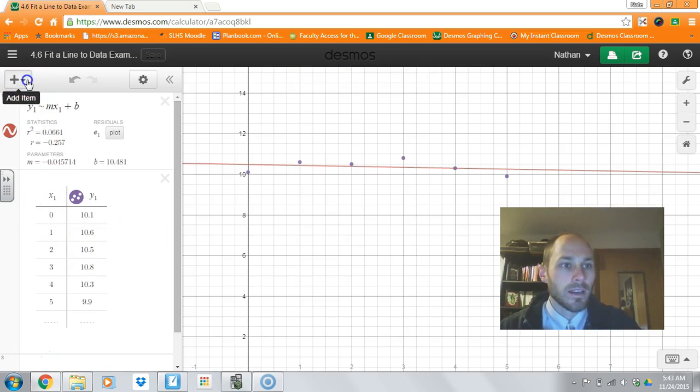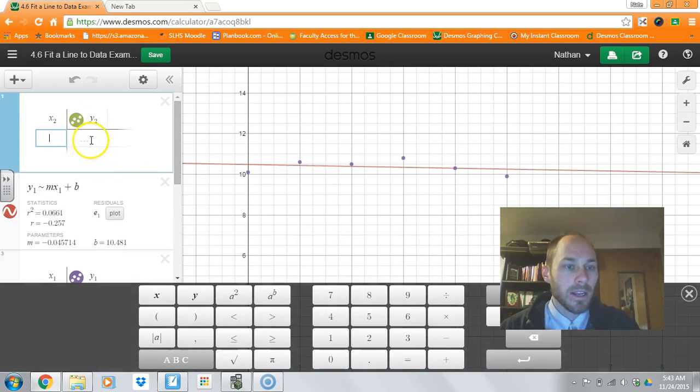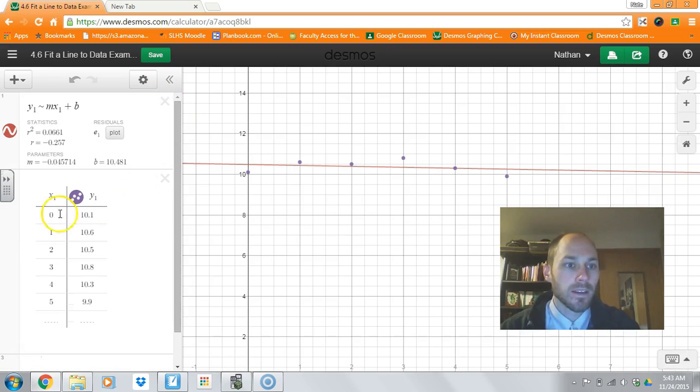The way I do that on Desmos is I click Add Item and Table. And then I type in my data just like I did with the other example on the graphing calculator. So years since 1997, so 0, 1, 2, 3, 4, 5. And then I enter my values, 10.1 all the way down through 9.9.